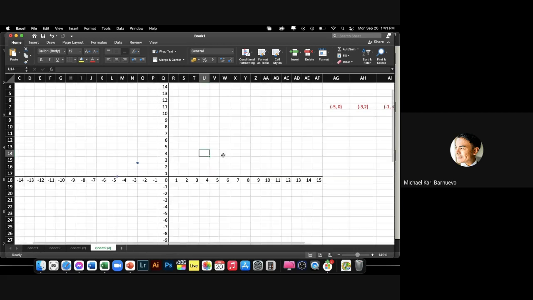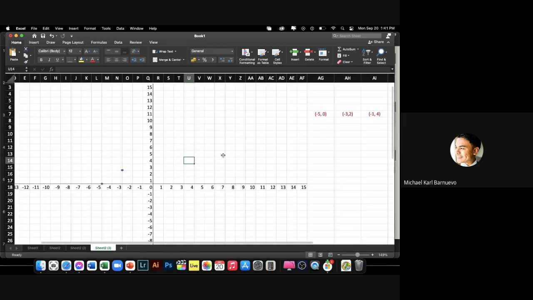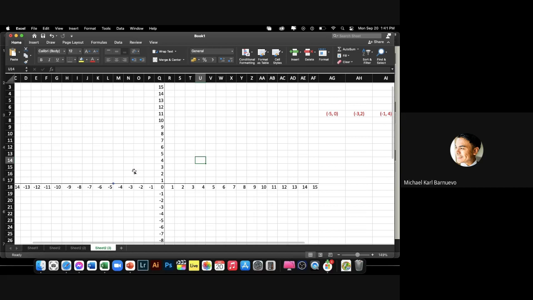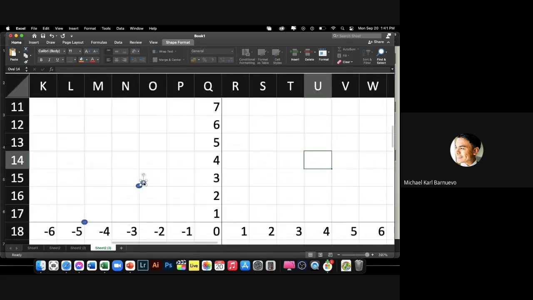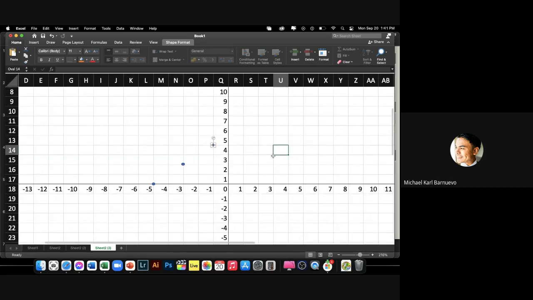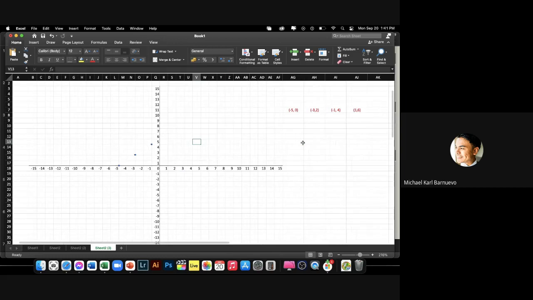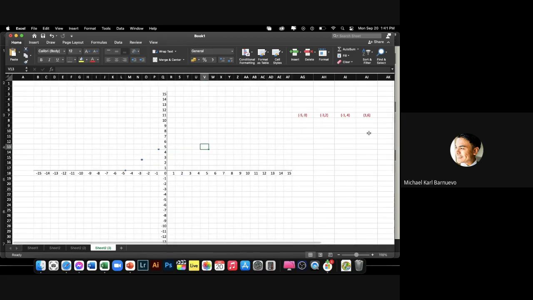Fourth naman is negative 1, 4. Still on the second quadrant. Negative 1, 4. Okay? And last natin is, nandito na tayo sa first quadrant kasi both are positive. So, 1 and 6.